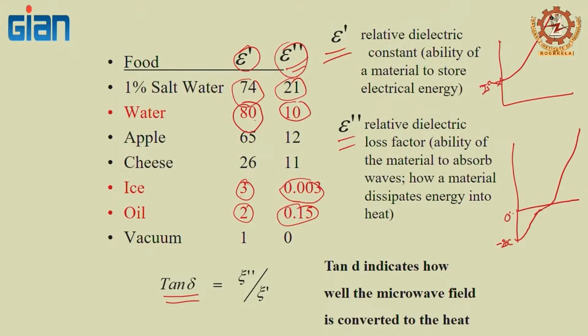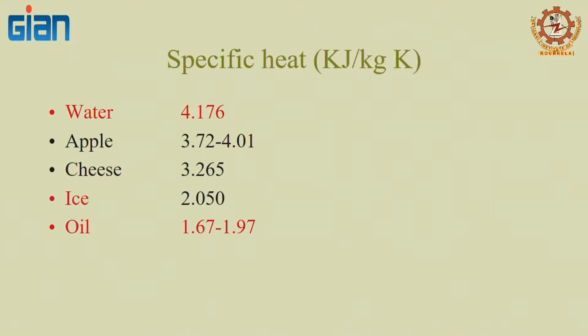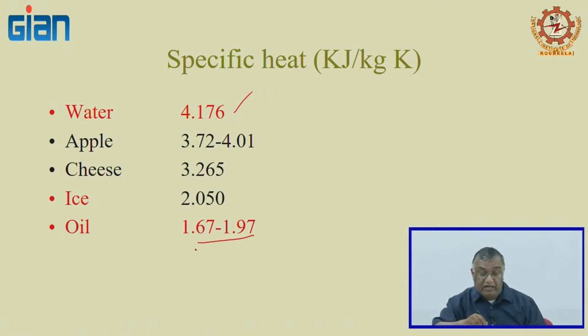So again, you have to study the dielectric properties of different materials when you are formulating microwave heating, so that you are able to adjust your heating rates during microwave heating processes. This just gives you the specific heat of water, 4.1, whereas oil is 1.67.